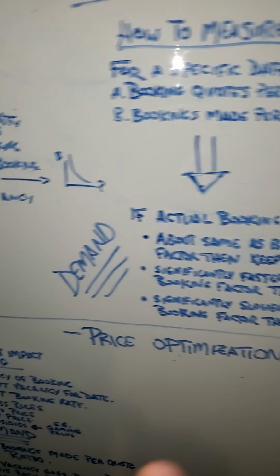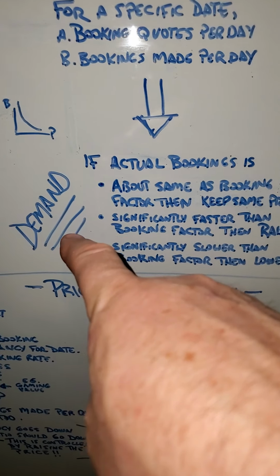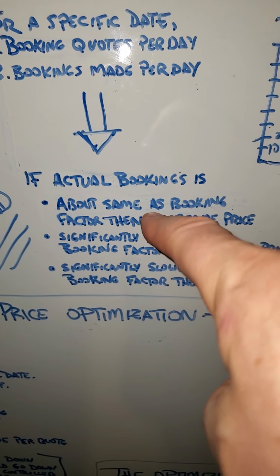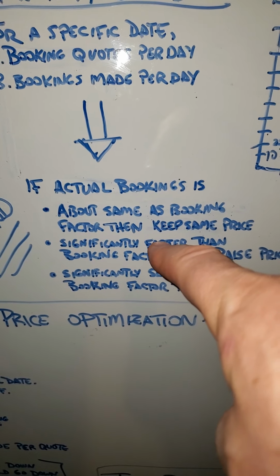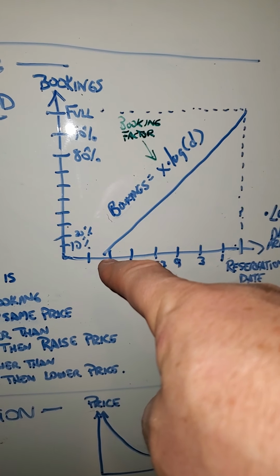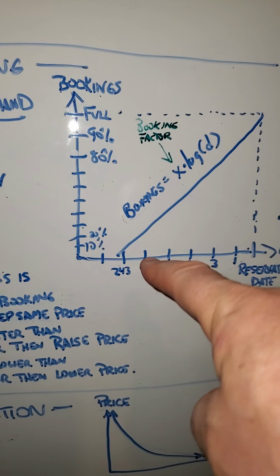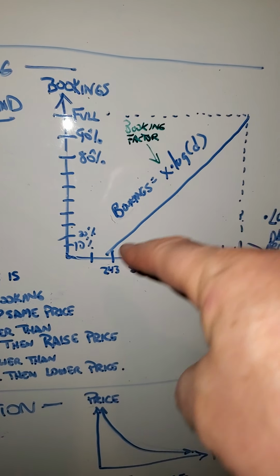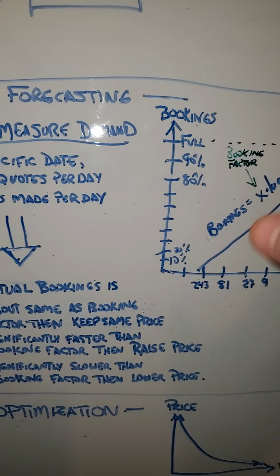Because the whole reason of measuring demand is that if the actual bookings is about the same as the booking factor, then we keep the same price. Meaning, if the actual bookings, as we get closer to the reservation date, approximately follow this line, then we want to keep the same rate. We're doing fine.